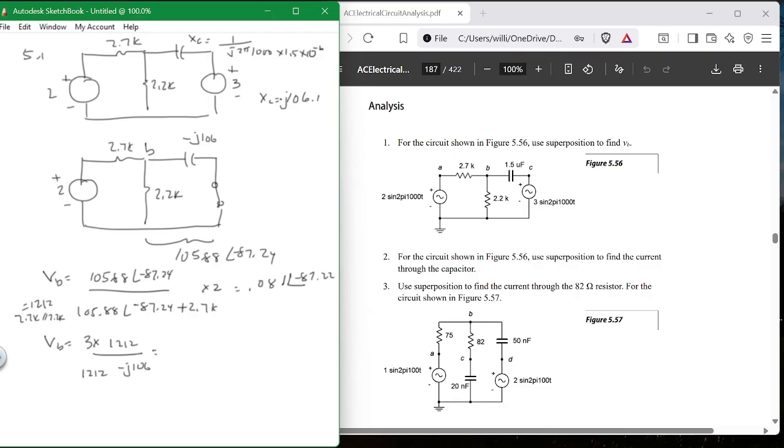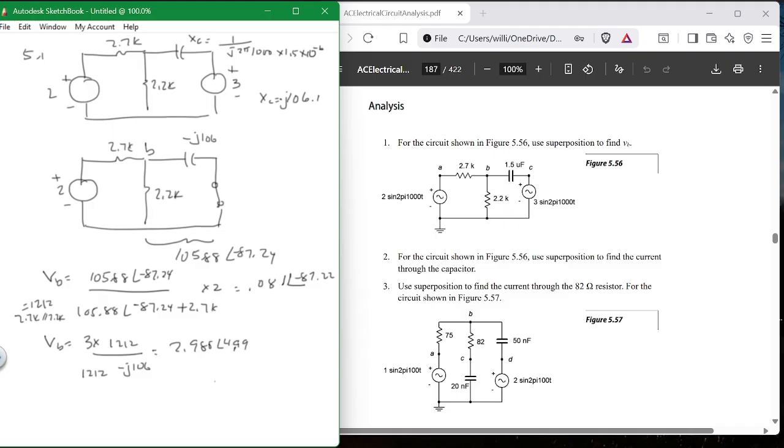Okay, menu equals 3 times 1212 divided by (1212 minus 106I), equals, option down, 1 equals, shift equals, 2.988 at angle 4.99, right?